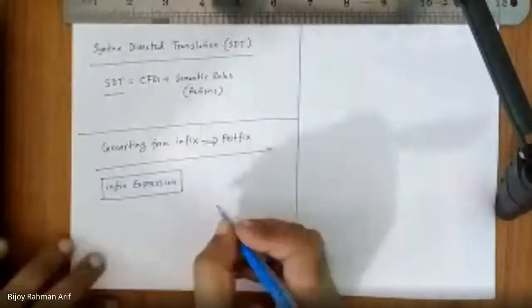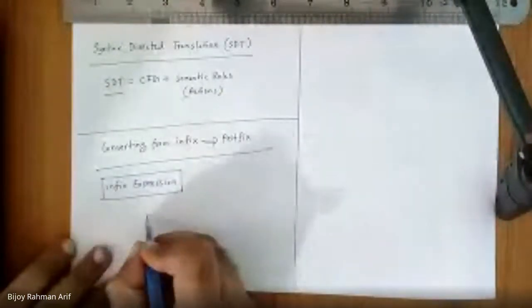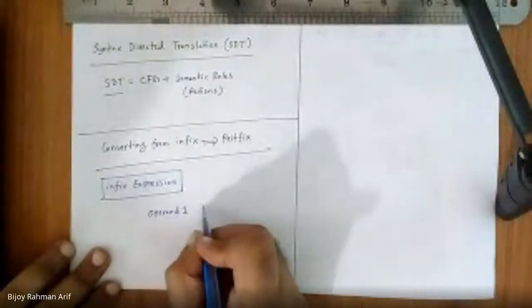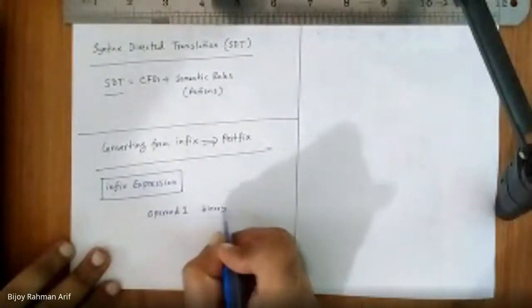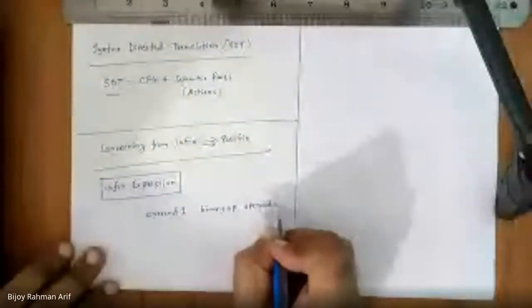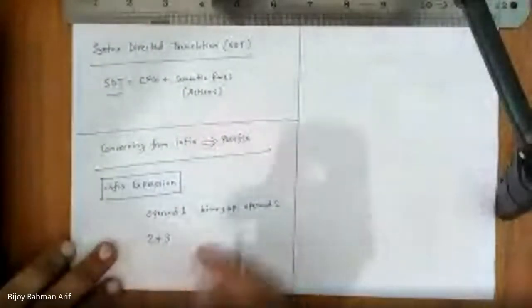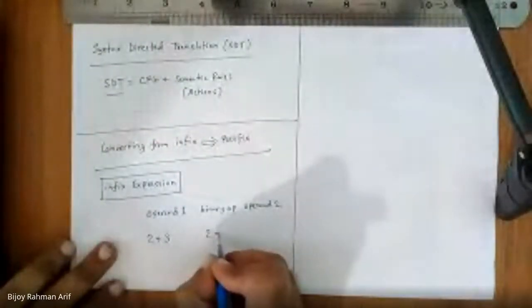When the operator is in between two operands. Yes, for binary operators, it is like this: operand 1, binary operator, operand 2. This is the infix expression. For example, 2 plus 3, or let's say 2 plus 3 star 4.